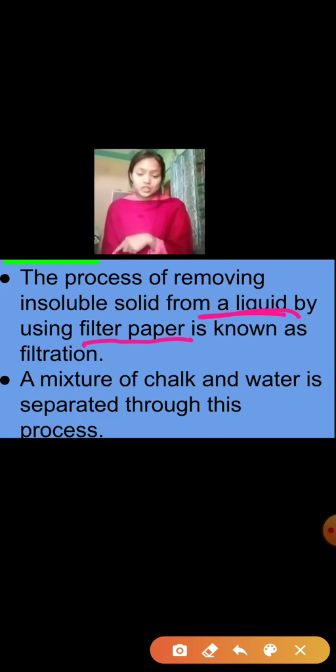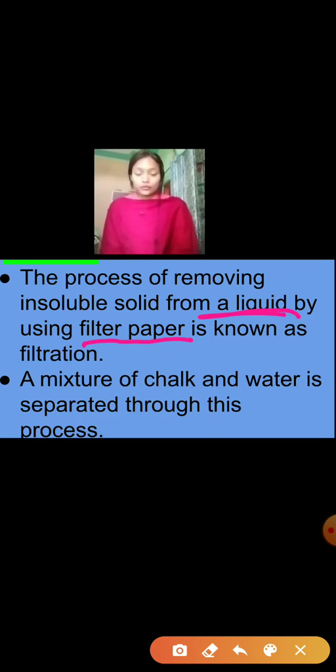But in case of sieving we were separating solid impurity from a solid substance only. So in case of this filtration, water is also there, a liquid is also involved, so this process is filtration.